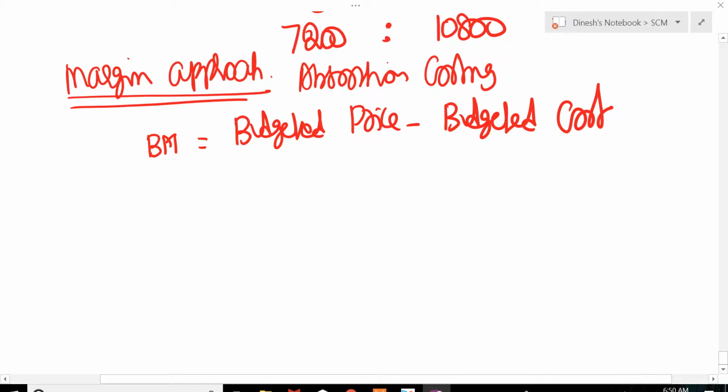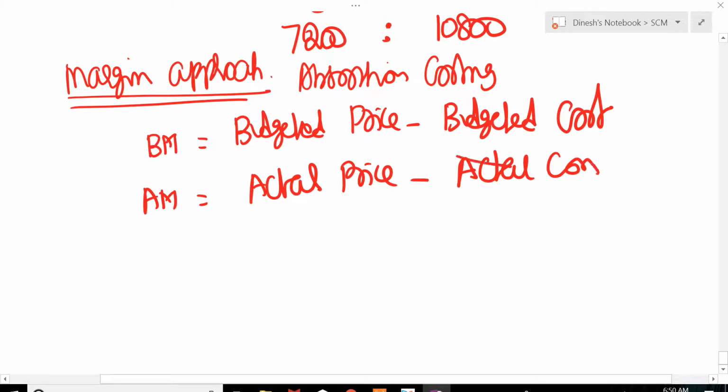So you will not write budgeted price in the question, you are going to write budgeted margin, which is budgeted price minus budgeted cost. AM is equal to actual price minus budgeted cost. Actual cost is not applicable. Be very careful about this aspect. Your actual margin is actual price minus budgeted cost.